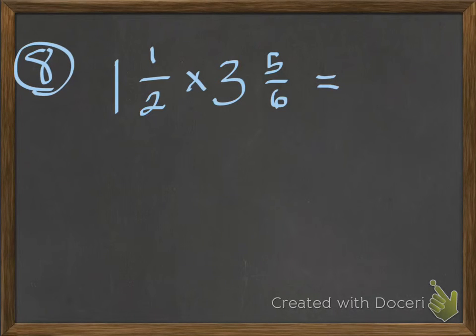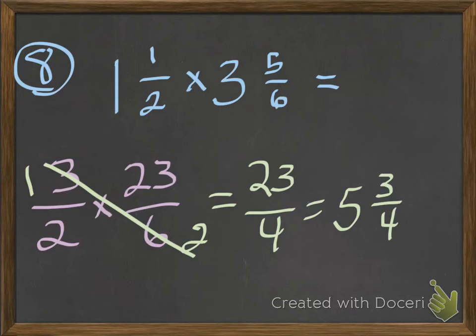Alright, number 8. I believe this is the last one. 1 1/2 times 3 5/6. Okay, so first I'm going to estimate 1 1/2, that's close to 2, and then 3 5/6, that is close to 4.